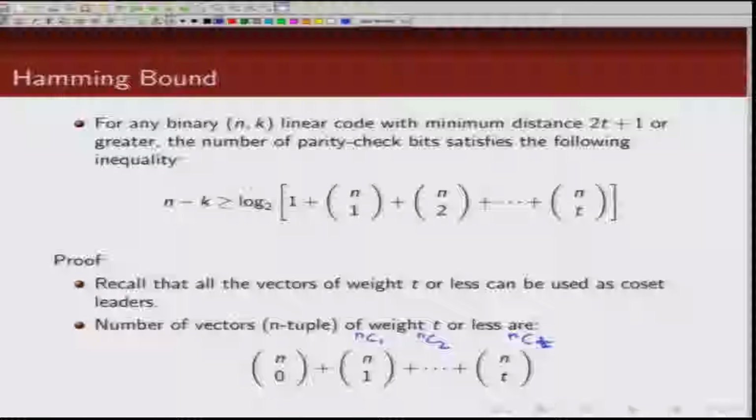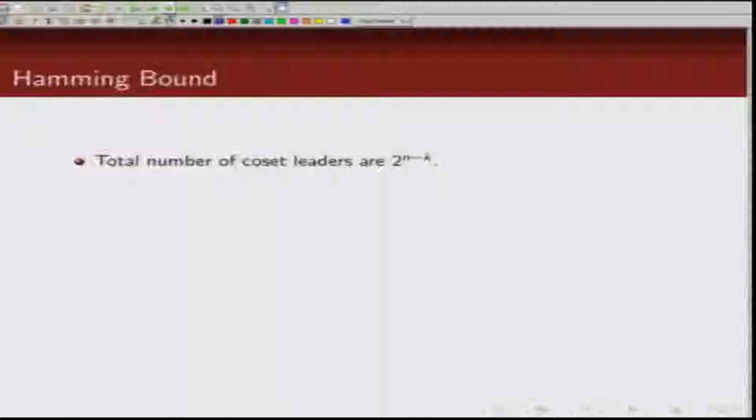These are the total numbers of error patterns of weight 0, 1, 2, 3 up to weight t. Note all of these should be coset leaders, then only we can correct them.